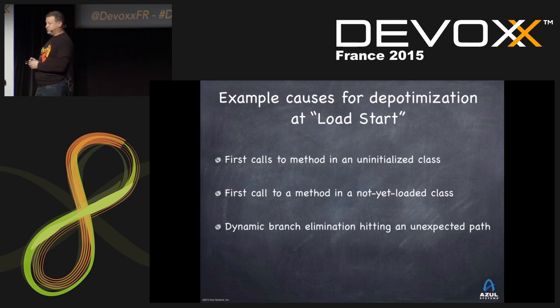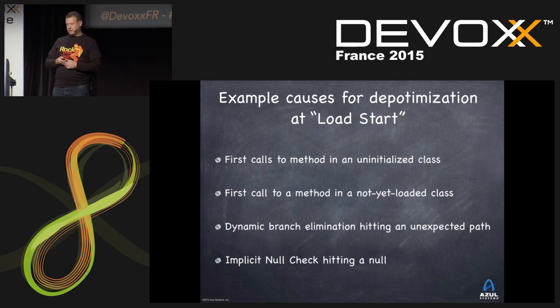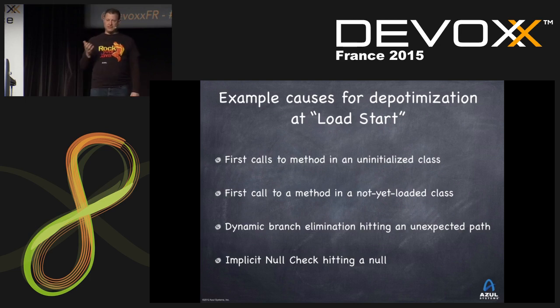Dynamic branch elimination to the unexpected path. The example optimization I showed you before could be taken back. And implicit null checks are good examples. There are about 12 others. I'm not going to get into the list here. Now, every one of these could be a reason to take things back, and every one of these may have different ways to work around taking them back.